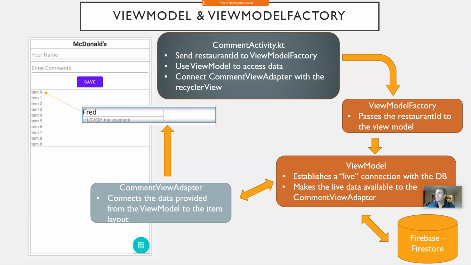So on the left side of this diagram, I have the layout. So I have my data and I have the layout. And what I need is something that can get from the data and put it into the layout file. And that thing is called an adapter.